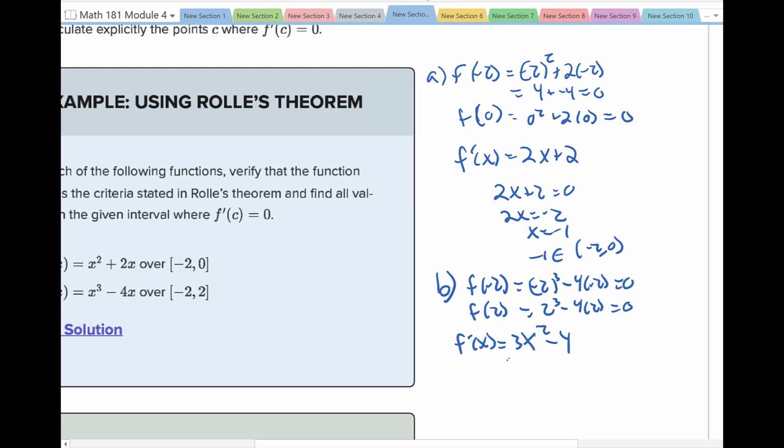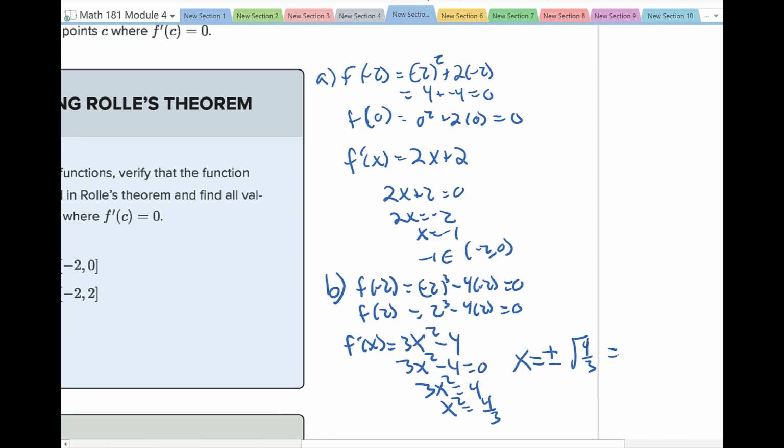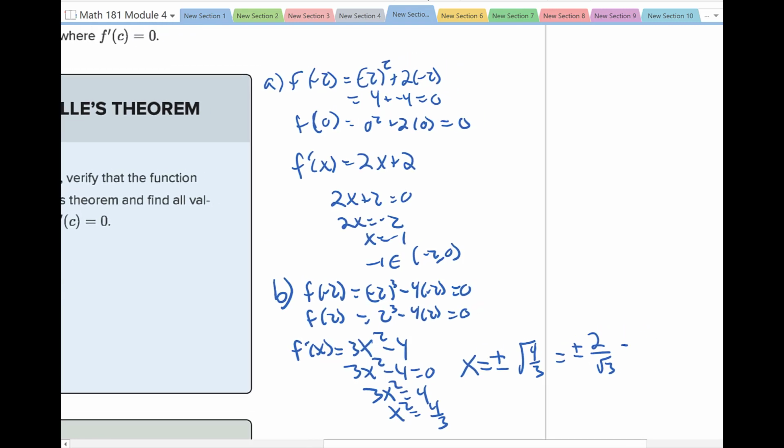So our 3x squared minus 4 equals 0, so 3x squared equals 4. X squared is 4/3, so x equals plus or minus the square root of 4/3, which is plus or minus 2 over the square root of 3, or plus or minus 2 root 3 over 3.